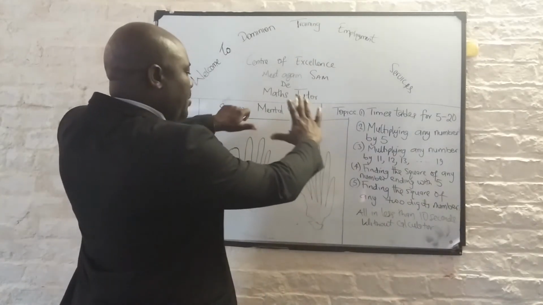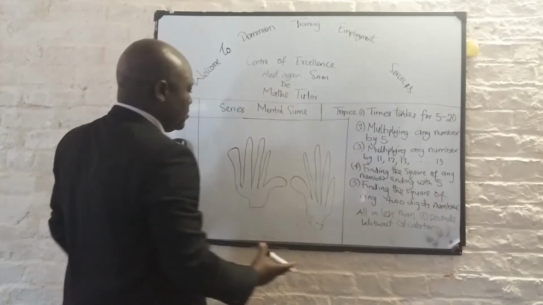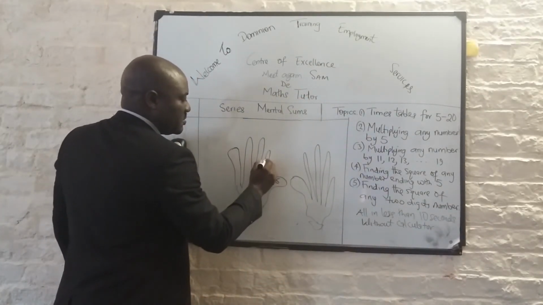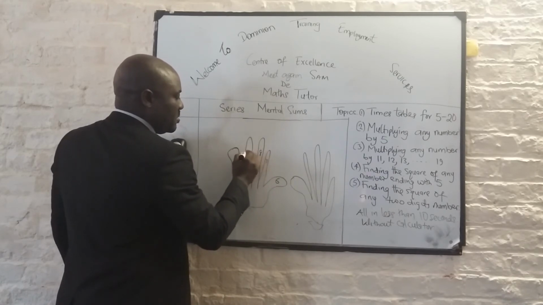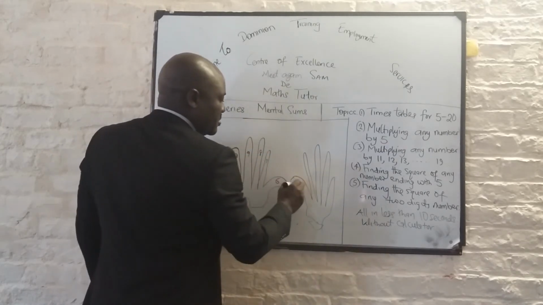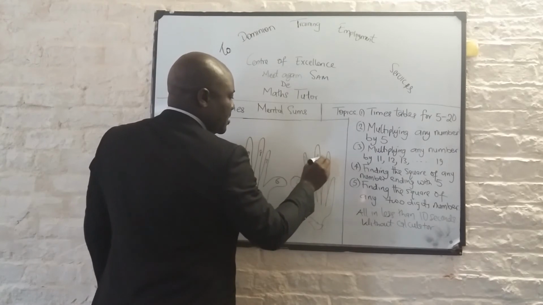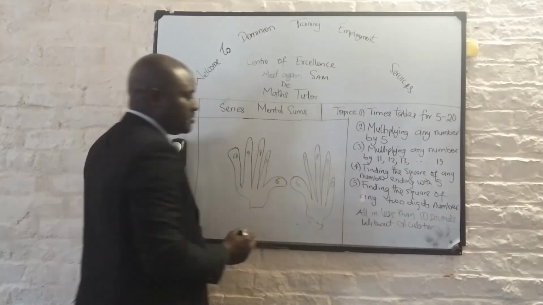Assuming this is your finger, when you position it this way, you call this 6, 7, 8, 9, 10.